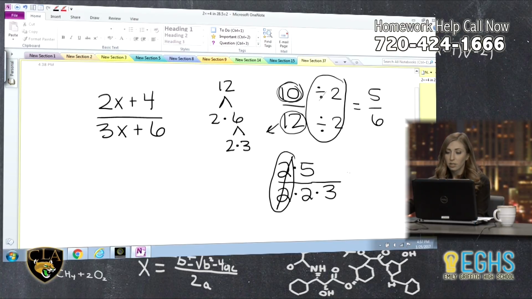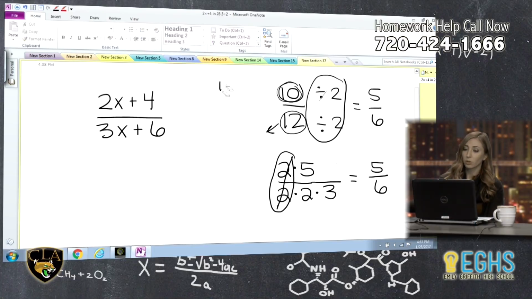We can cancel factors that are the same, and we end up with 5 on top and 2 times 3 on the bottom, which is 6. So that's another way to simplify a fraction: factoring it first and then eliminating factors that are the same on the numerator and denominator.